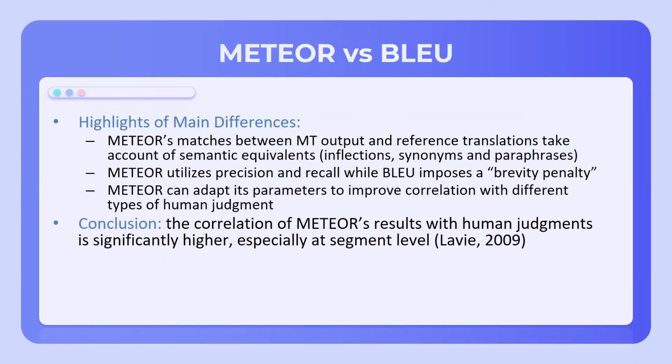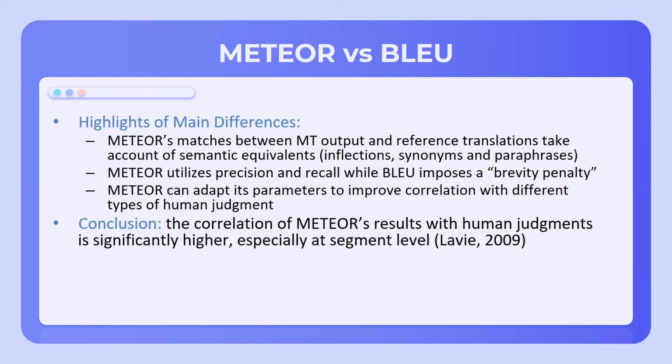To highlight the main difference between METEOR and BLEU, METEOR's match between MT output and reference translations takes account of semantic equivalence. So it looks at inflections, synonyms, and paraphrases.